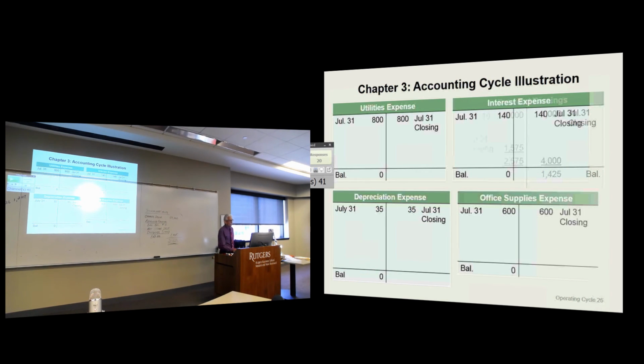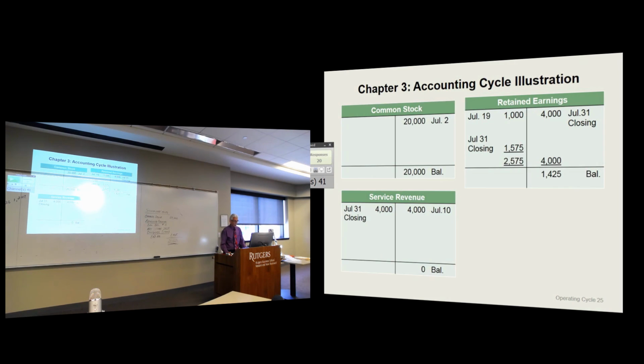And then all of the expenses, so all your expenses are right there. They're all closed out. Every one of those expenses is credited and now has a 0 balance, so that next year you could start accumulating those revenues and expenses again.